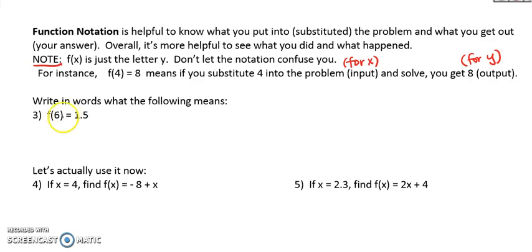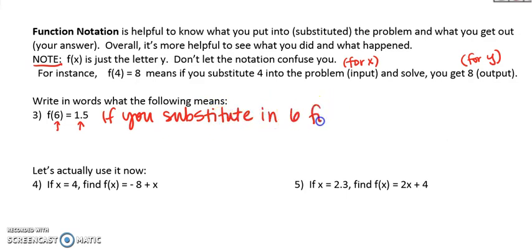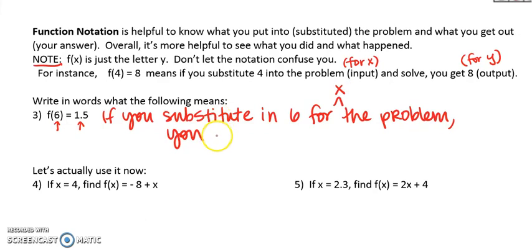Write in words what the following means. So what this means is they're putting that in for x and they're getting that out for y. So if you substitute in 6 for x in the problem, you get out 1.5 as your answer.